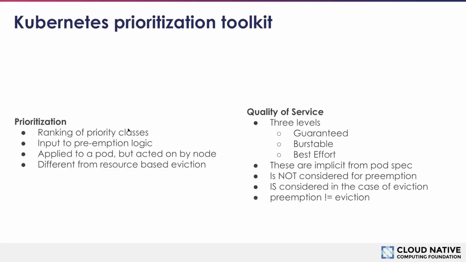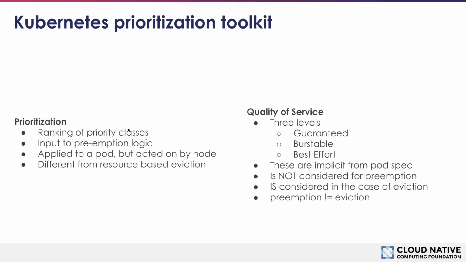The other feature is called quality of service, and this is not the explicit but rather implicit configuration for the workloads. So each container in the pod can have set CPU and memory limits, and if both of those limits are set on all the containers, we can say that the quality of service for this particular pod is set to be guaranteed.